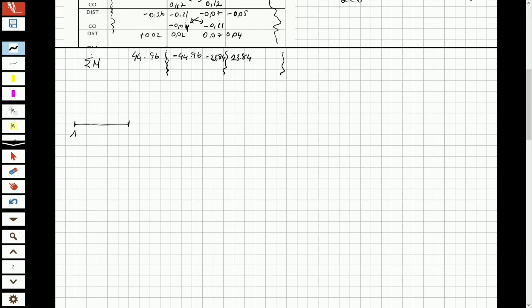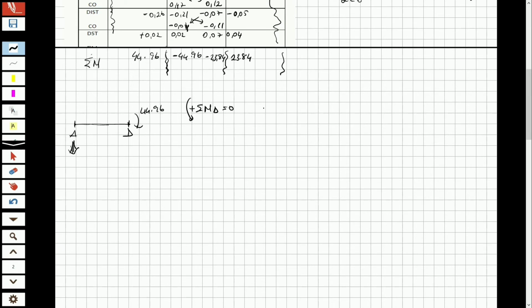This is A and this is D. I have a moment, 44.96. I don't have any force here also. We are going to write here: total moment at D is equal to 0.